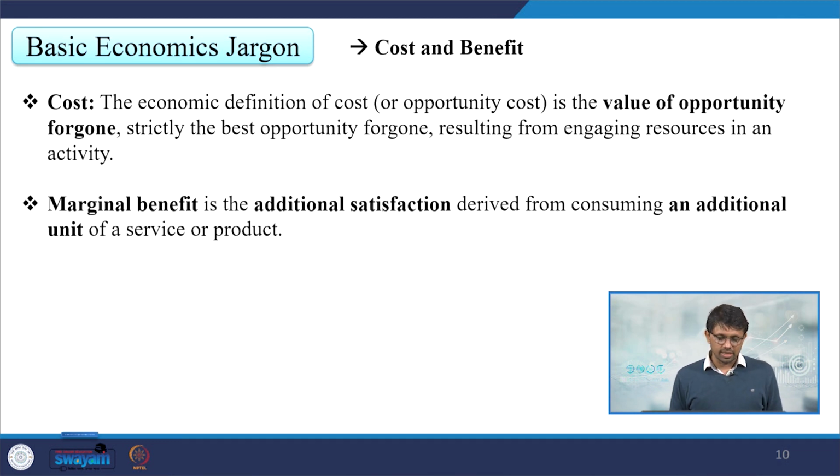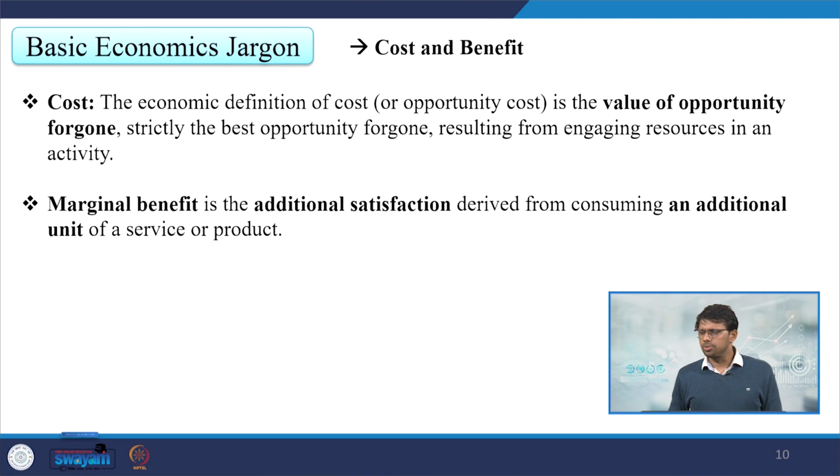So we have used cost and benefit analysis. Cost refers to the value of opportunity, that is the jargon, and that is indeed considered to be the best measure of cost. And you might have heard about companies who are recruiting people these days giving a CTC salary, cost to company salary.